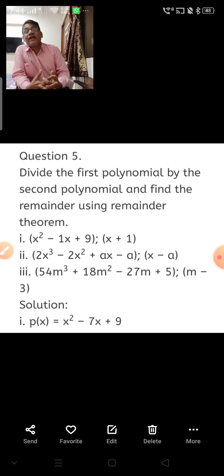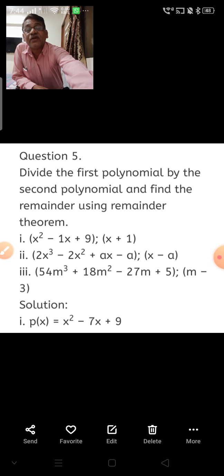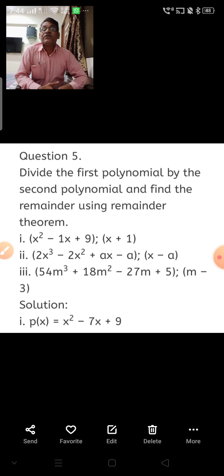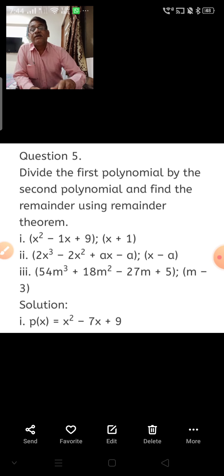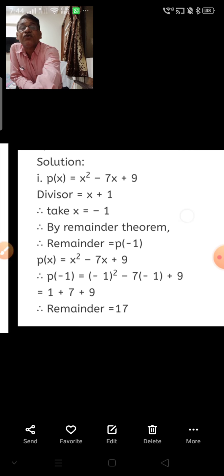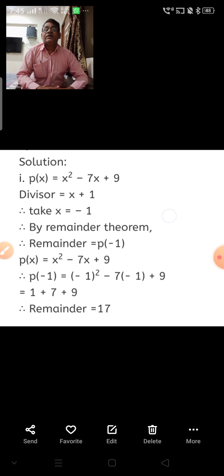Now how to use the remainder theorem here? See, the first question is x square minus 7x plus 9 divided by x plus 1. We can say that p of x is equal to x square minus 7x plus 9. This is the first polynomial, taken in the form of p of x, and the divisor is given, x plus 1.